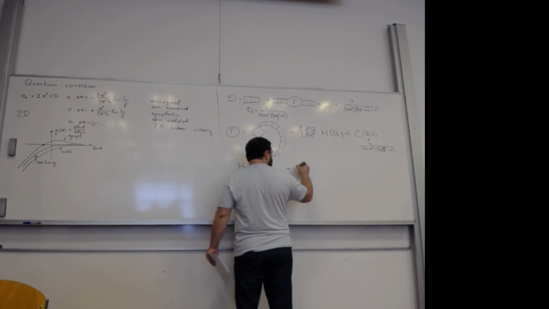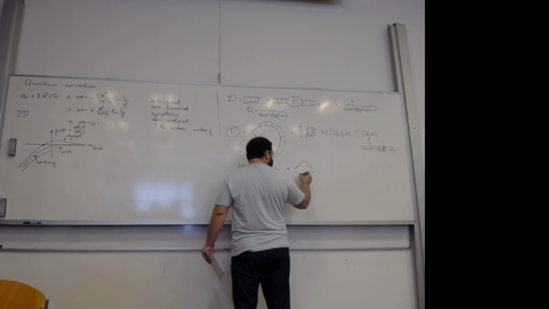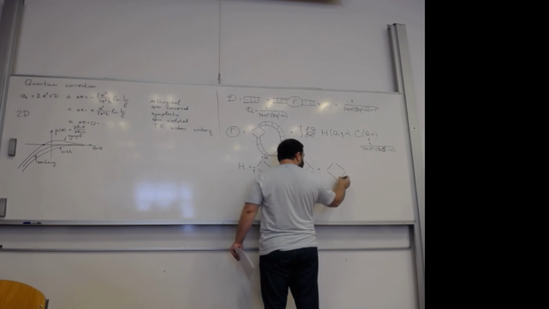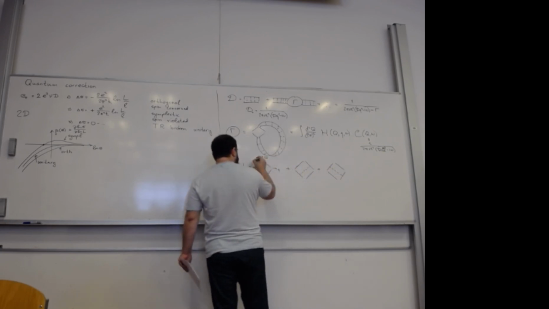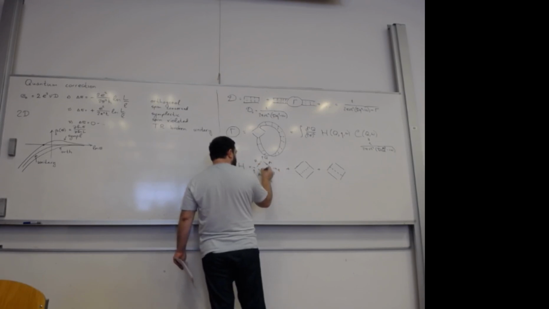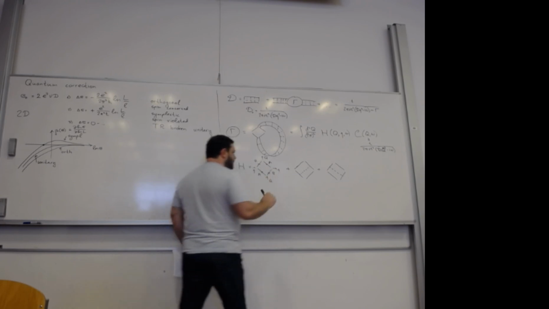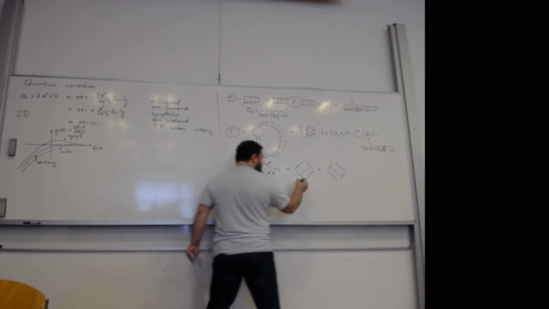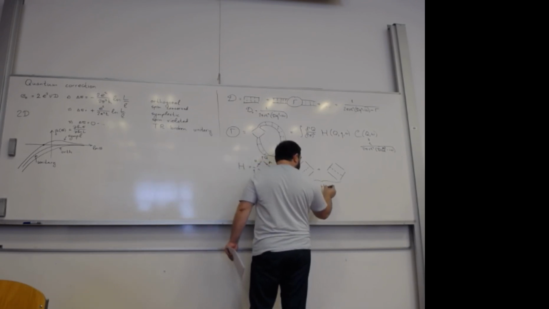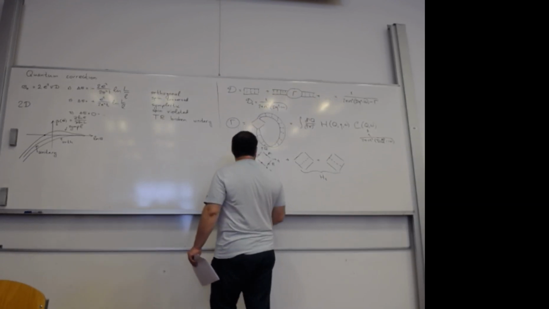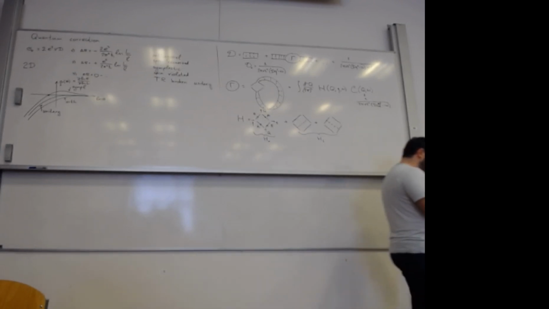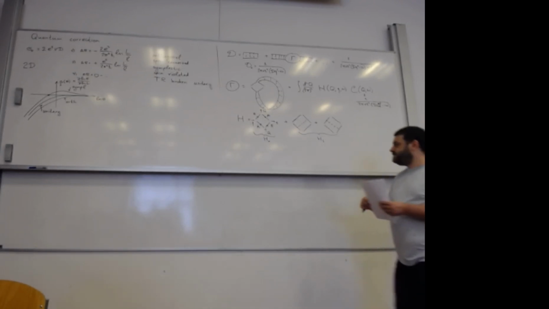Plus the same box with a single impurity line inserted either this way or the opposite. This part we call H0, these two things we call H1. And there was a homework to compute what these things are.